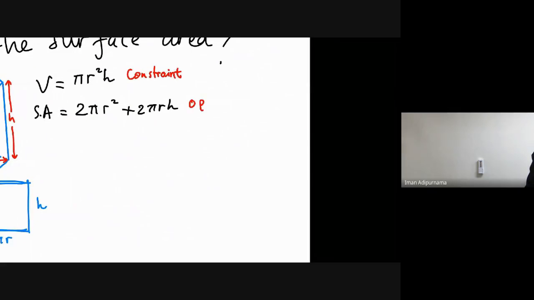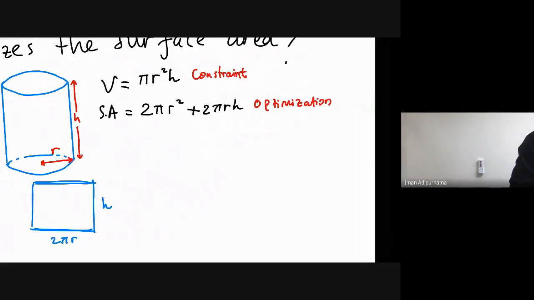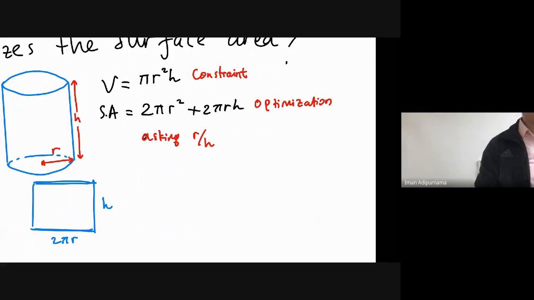And let me write this as the optimization. It's asking for r over h when SA is minimum, the surface area minimum.